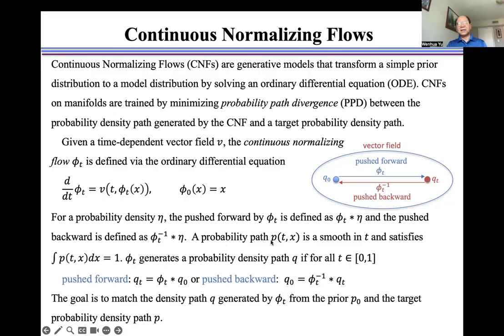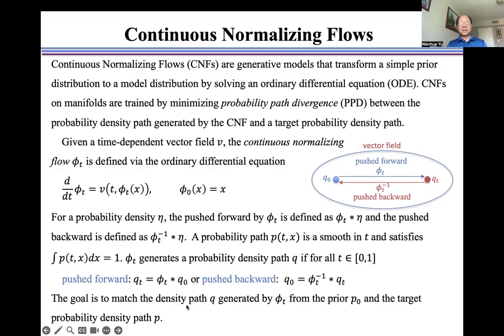A probability path P is smooth in t and satisfies this equation. Phi t generates a probability density path Q if, for all t between 0 and 1, as shown here, this push forward equation and this pull back equation hold.